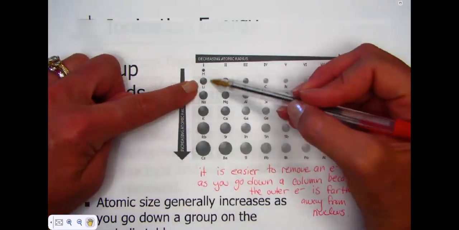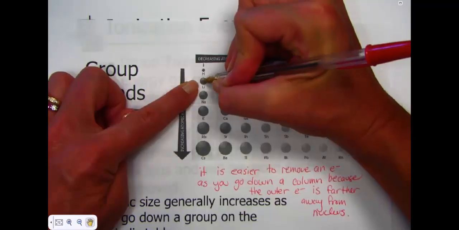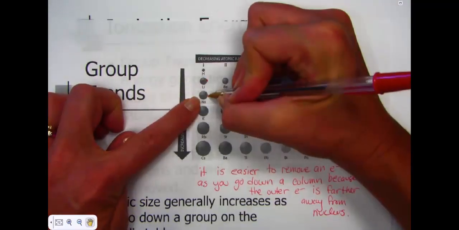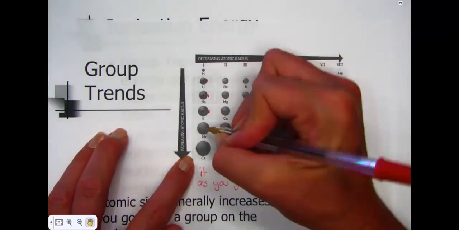As atoms get bigger going down a column, think about it. Here's the outermost electron. There's the nucleus. Here's the outermost electron. There's the nucleus. The outermost electron. There's the nucleus.